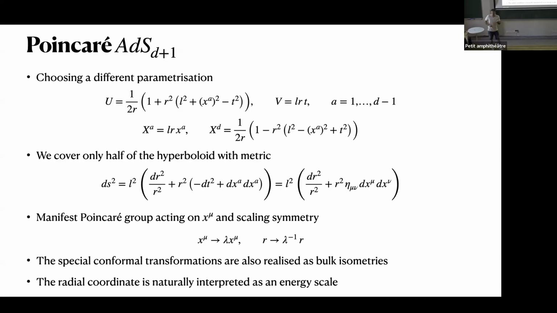So in these coordinates, it's much clearer, but you do get the full conformal symmetry group. And because of this scaling, you already see that this extra coordinate, the radial coordinate, might play the role of an energy scale in the system.